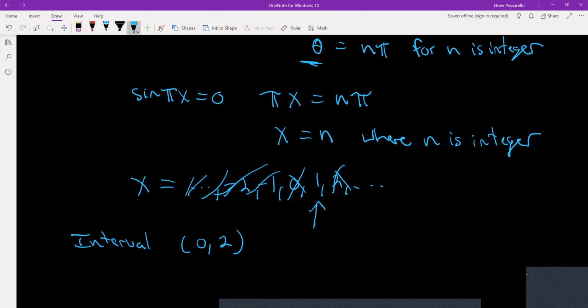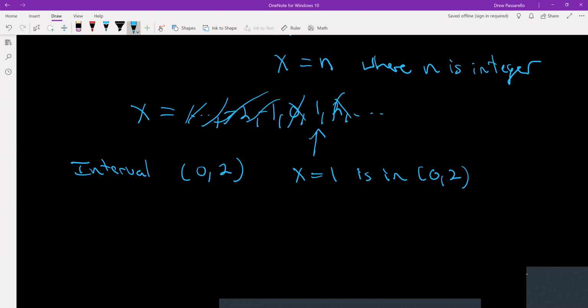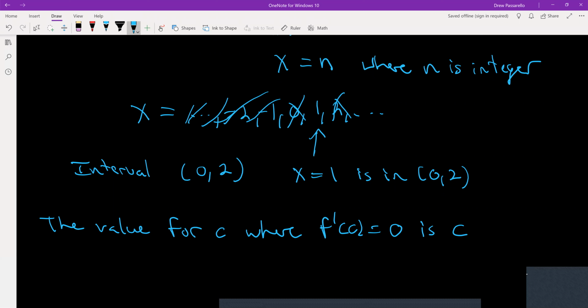So the only value we're going to have is 1. All right, so we found it. So our value for c is c equals 1. The value for c where f prime of c equals 0 is c equal to 1.